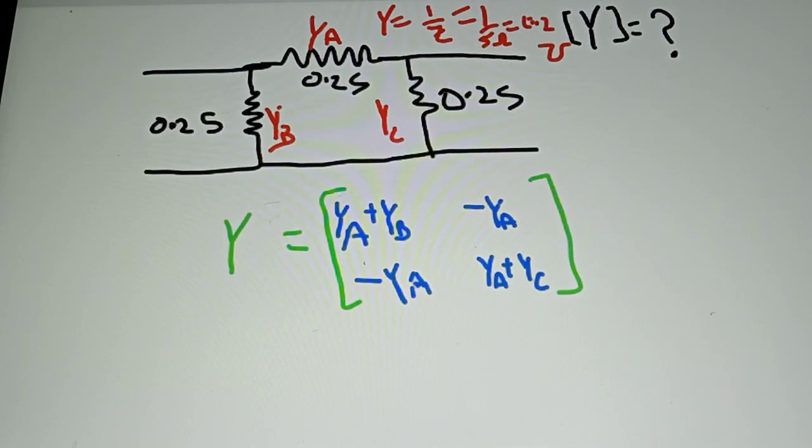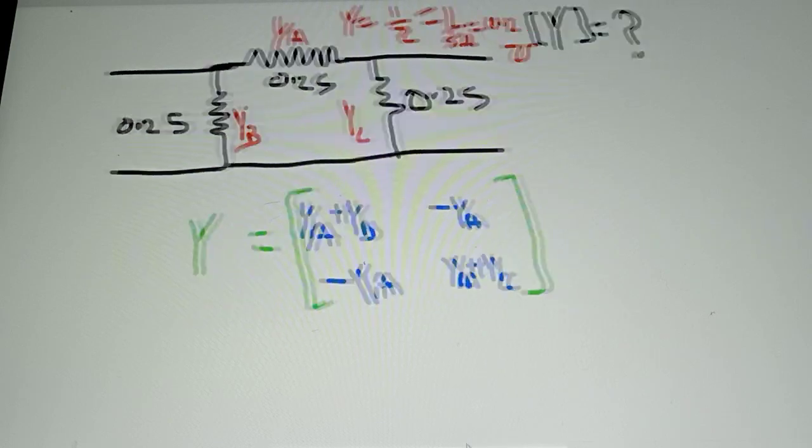I have written here 0.2 Siemens and 0.2 Siemens. YA equals YB equals YC equals 0.2 Siemens.